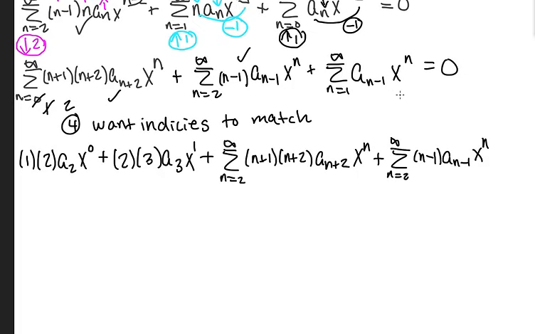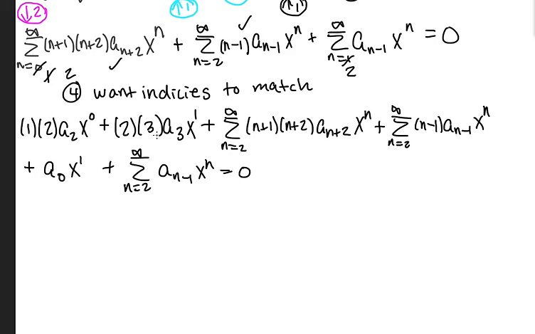Plus, well, this is at n equals 1, so let's put in 1. So a sub 1 minus 1 is just a sub 0 of x to the first. Okay. Plus, now this is at 2. Alright. Alright, so we have one big mess. Now let's just clean it up.